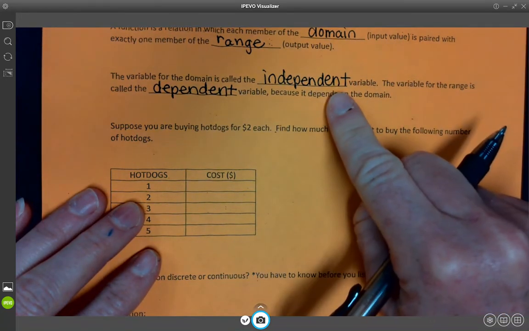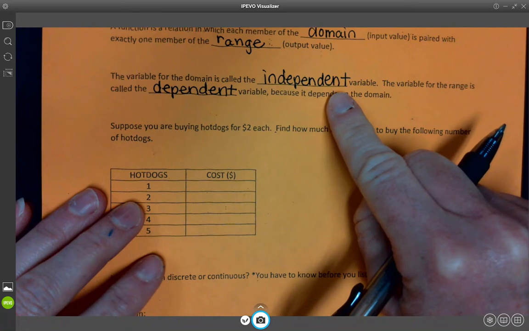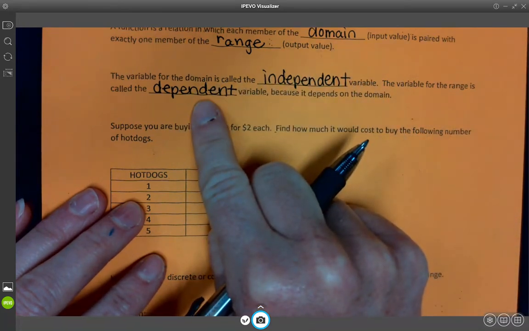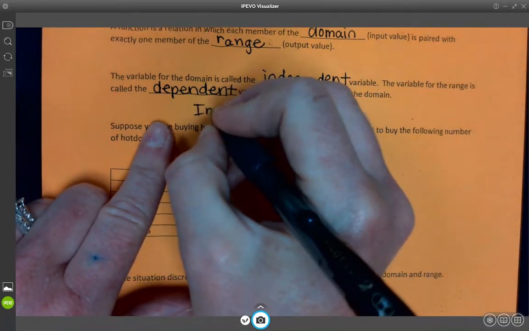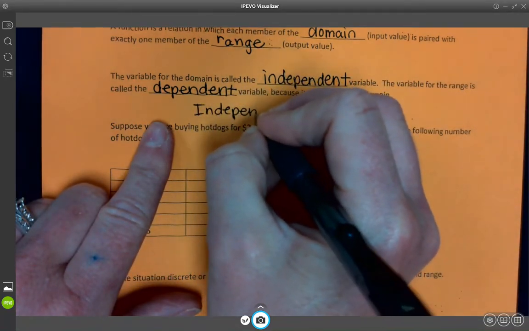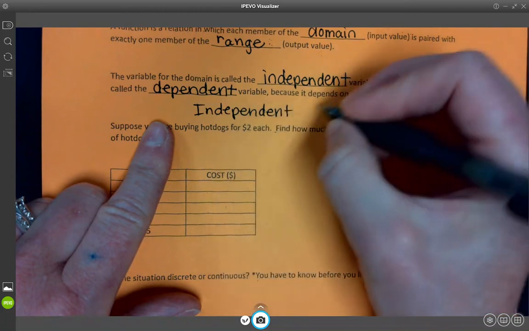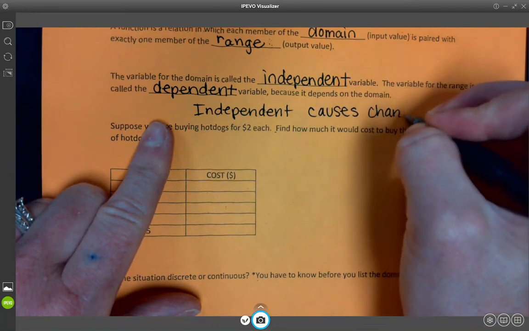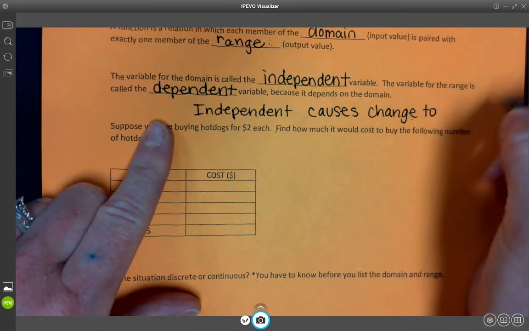So independent means it doesn't rely on anything else. Dependent relies on something else. The independent causes change to the dependent.